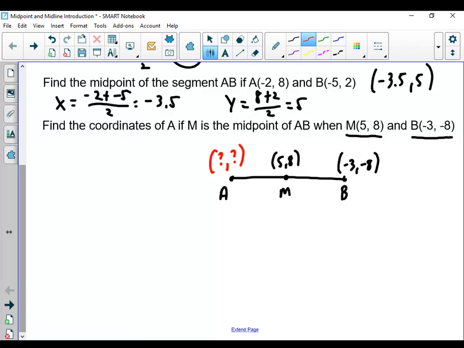Ideas on how you might want to attack something like that? So give me some numbers to work with on this.